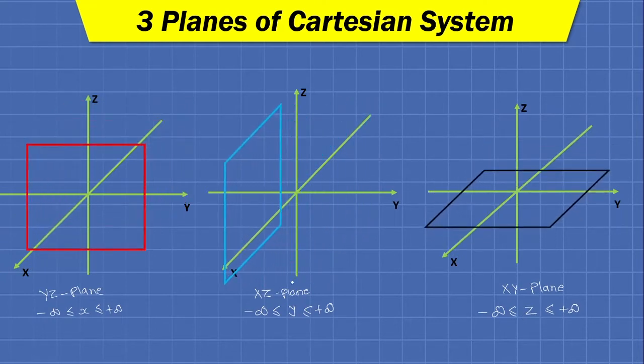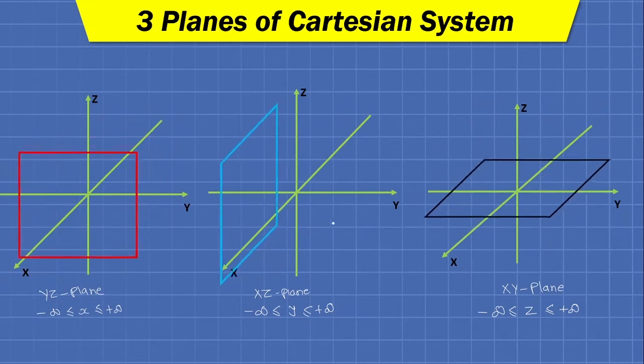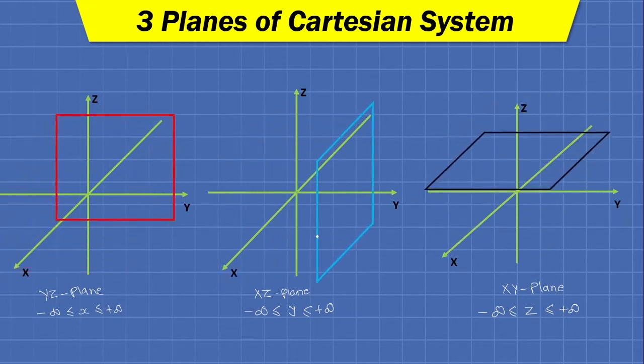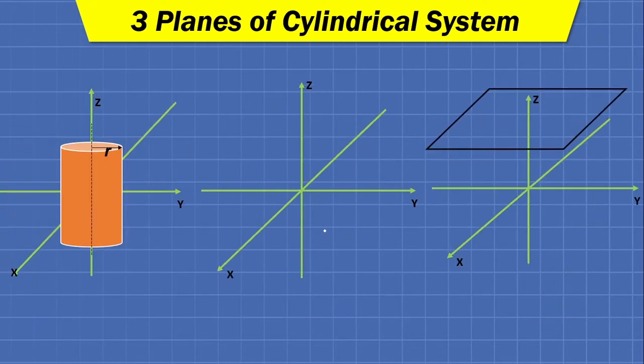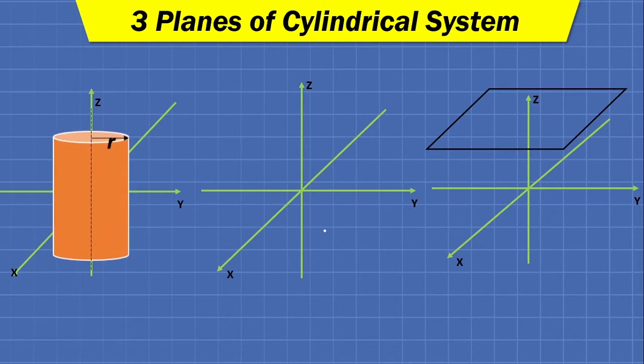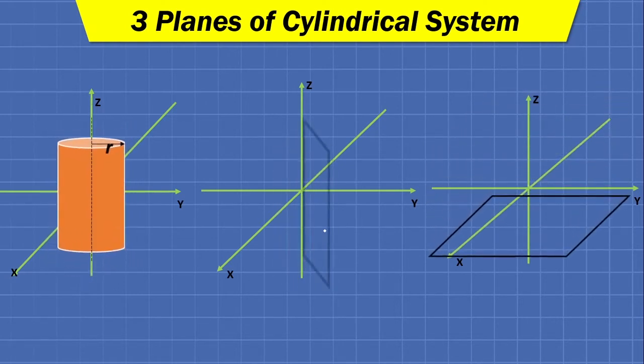So this is how we defined the three planes, and the intersection of these three planes represents a point in any Cartesian coordinate system.